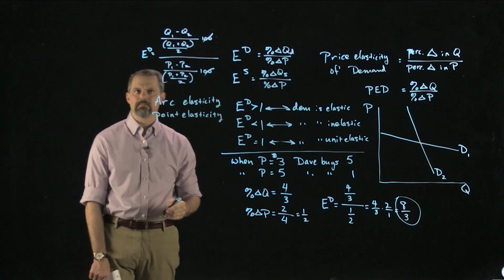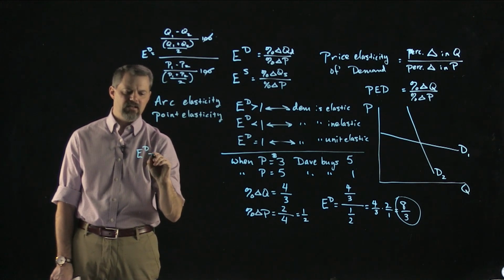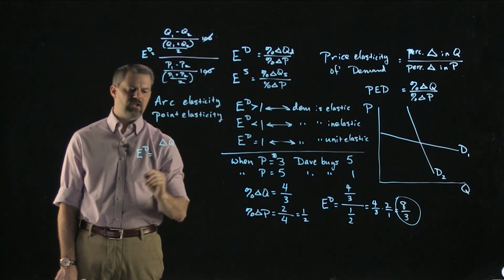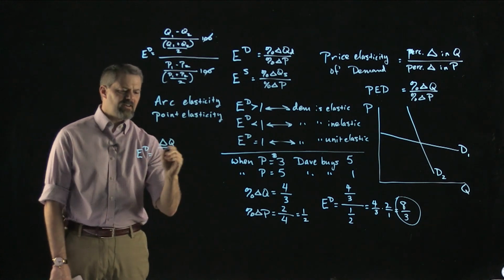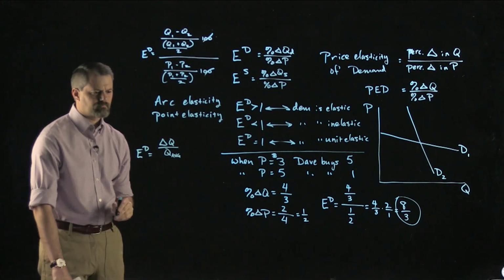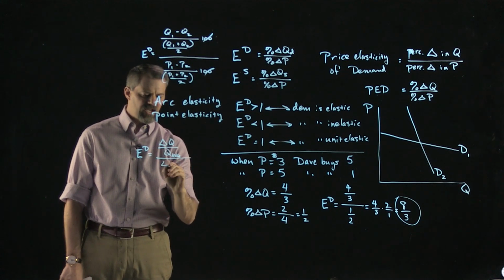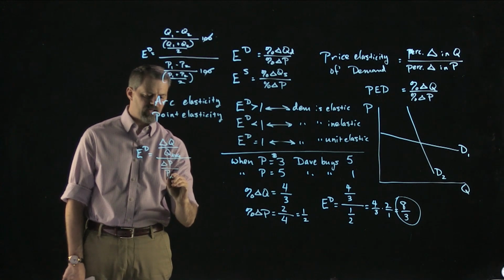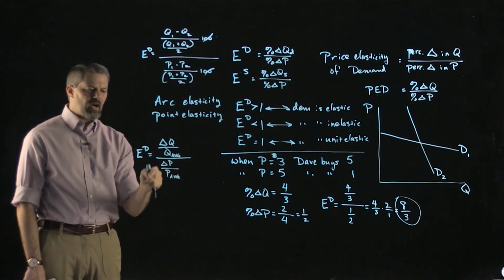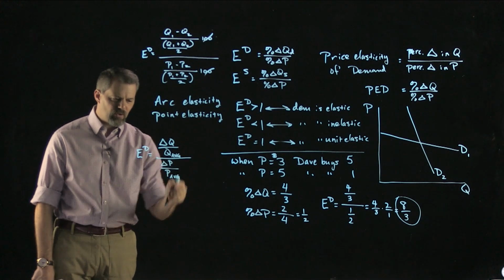It's actually very easy. What I'm going to do is rewrite this formula. The elasticity of demand is the change in quantity, divided by the average quantity. And then this term right here is the change in price divided by the average price. Now I've got a fraction of two fractions here, so I can take this bottom one, flip it over, and multiply by the top one.